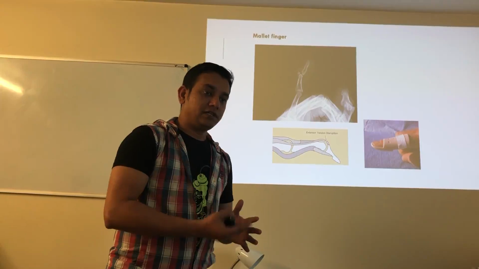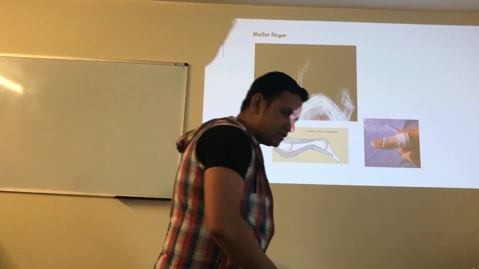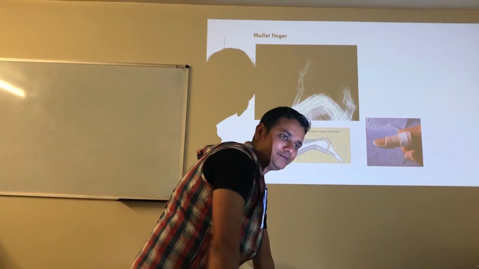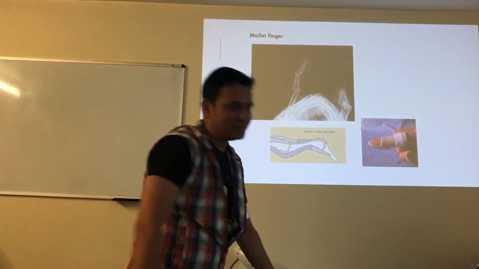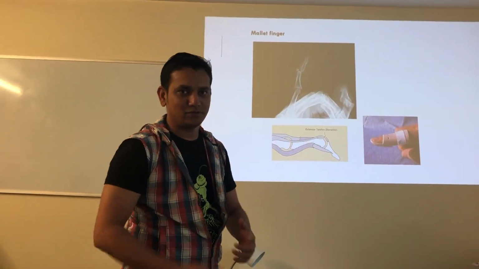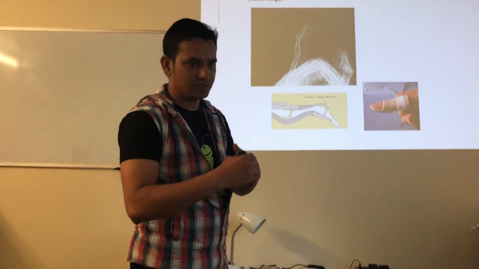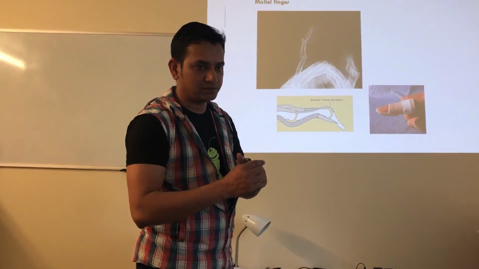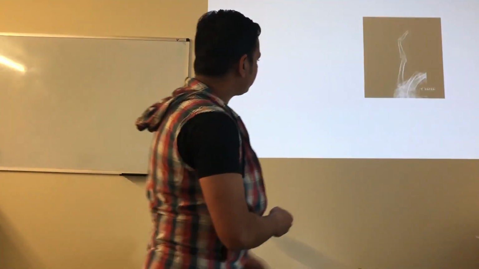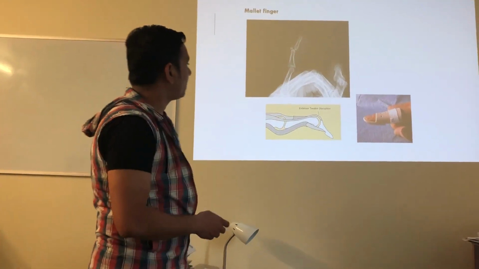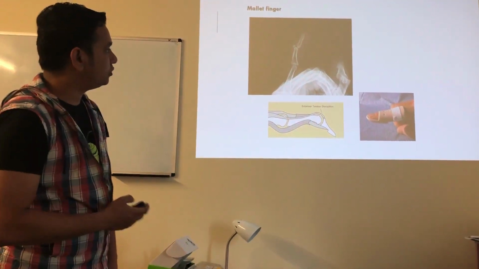When you're going to clean your hand, keep your hand on the table flat. You remove the splint, clean your hand, then put the splint back and then lift. They can't do it like this and clean their hand. Otherwise, whatever repair has happened, it will go away. So that's your mallet finger, mallet splint, extensor digitorum tendon.